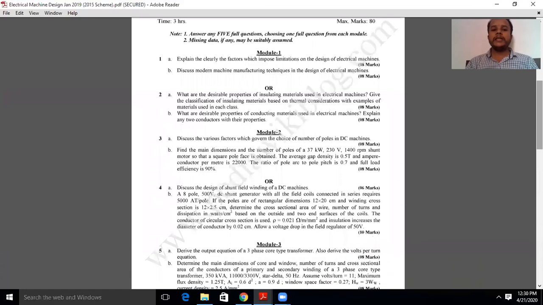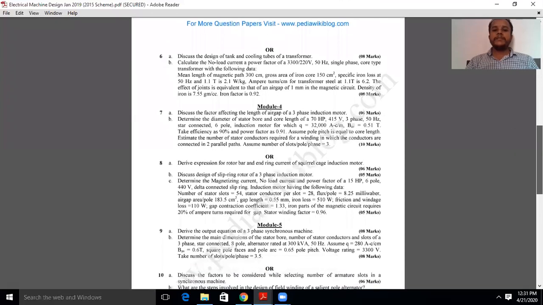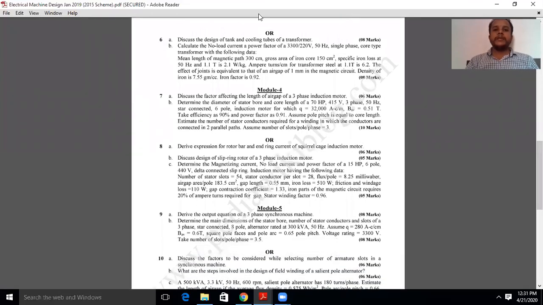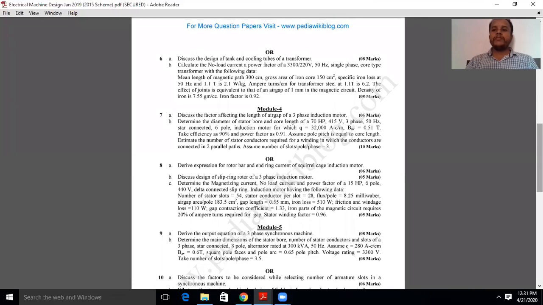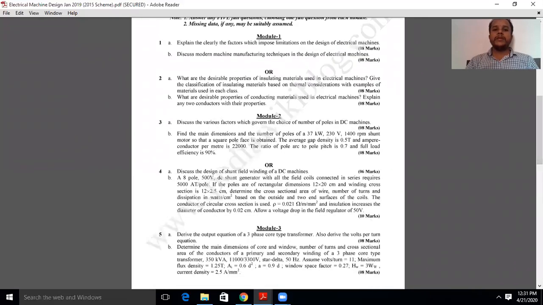And the numerical, that is in the module 3, you can see. Main dimensions of the core and window is asked, number of turns, and cross-sectional area of the conductor of primary and secondary winding.